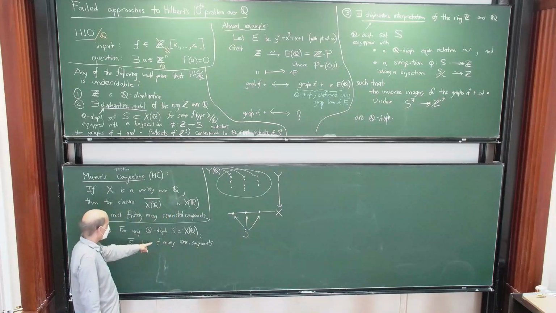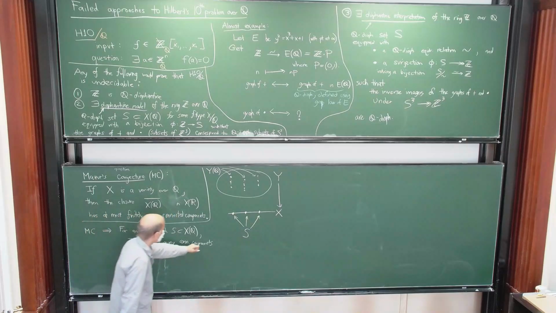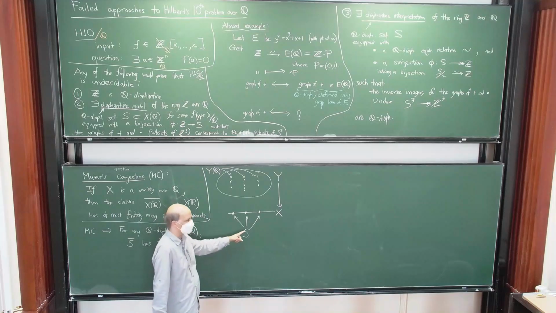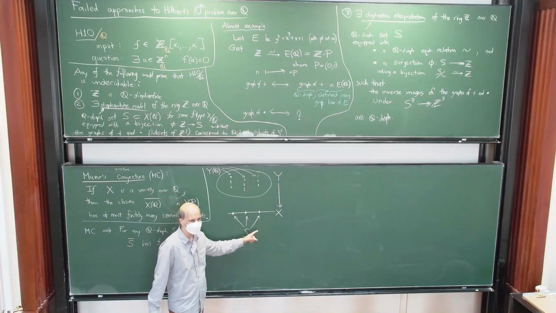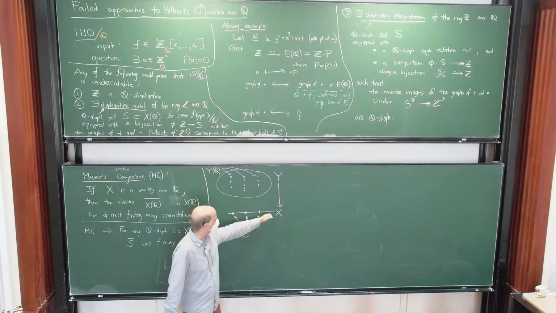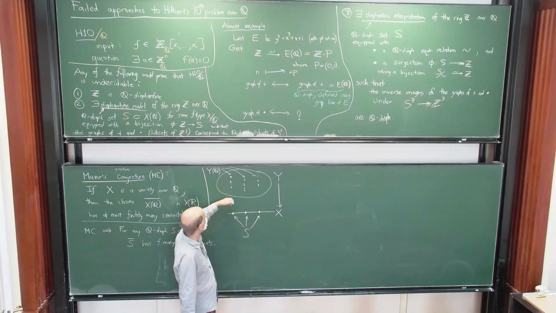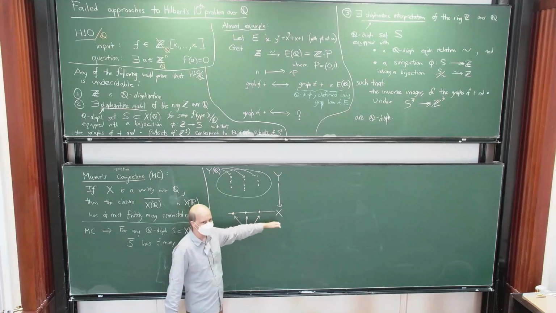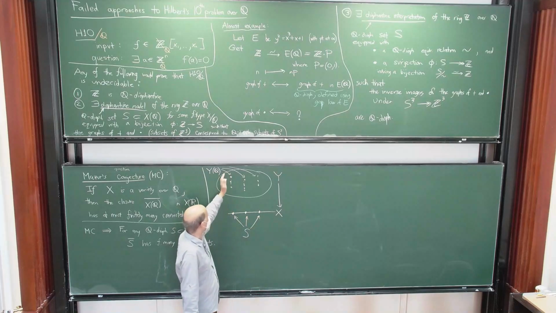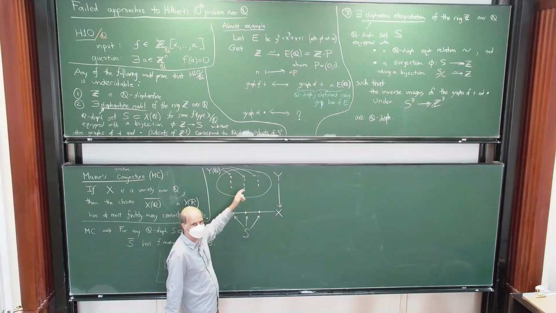I think it's easier to think about the contrapositive. Suppose you know that S bar has infinitely many connected components. So you have this component, this component, this component. Above each component, there's going to be at least one rational point, and they're disjoint from each other. So above each connected component of S bar, there's going to have to be at least one component of Y(Q) bar.